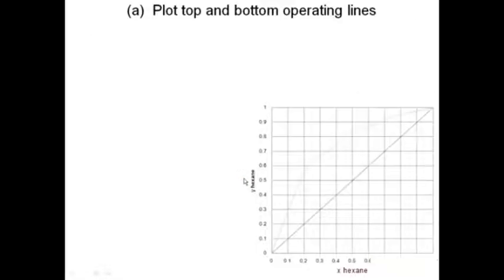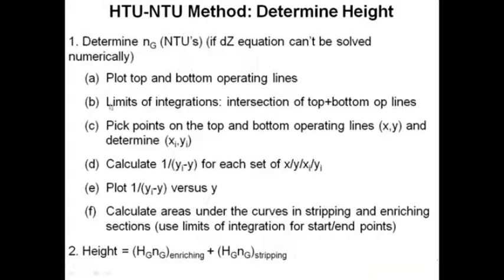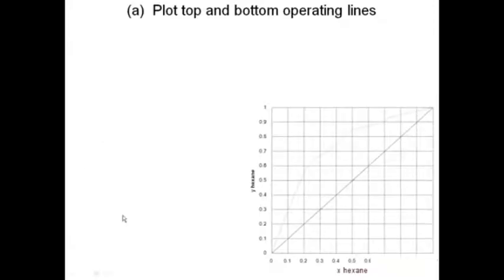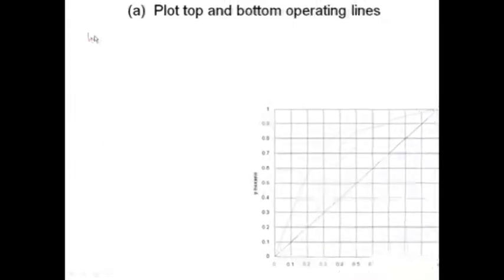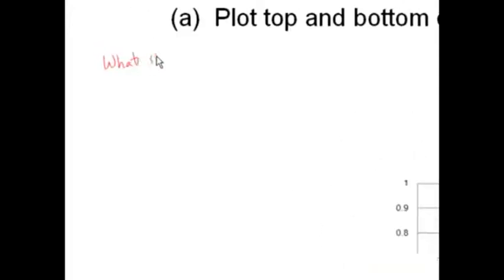Part A, plot the top and bottom operating lines. So, by the way, I'm just going to go through each of the steps that we have just gone through right here on this slide. So we'll start with 1A, which is plotting the top and bottom operating lines. So what is L over D?